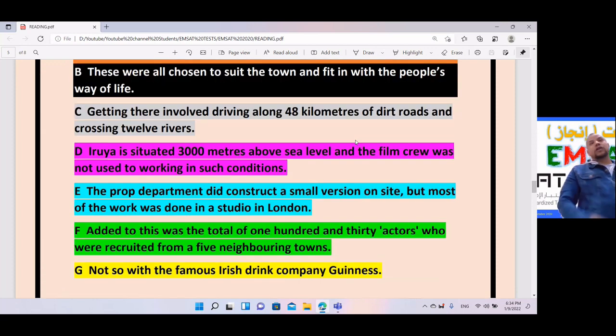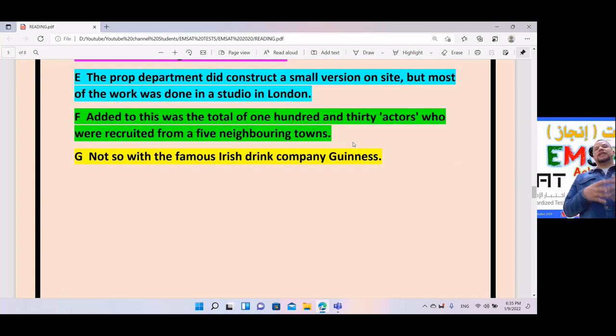D, Arroyo is situated, located, means place, 3,000 meters above sea level, and the film crew was not used to working in such conditions. E, the prop department did construct a small version on site, but most of the work was done in a studio in London. F, added to this was the total of 130 actors who were recruited from 5 neighboring towns. Last one is G, not so with the famous Irish drink company Guinness.